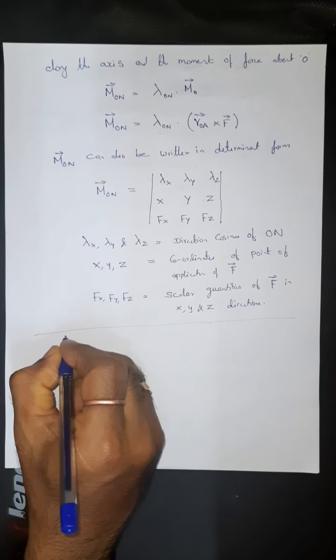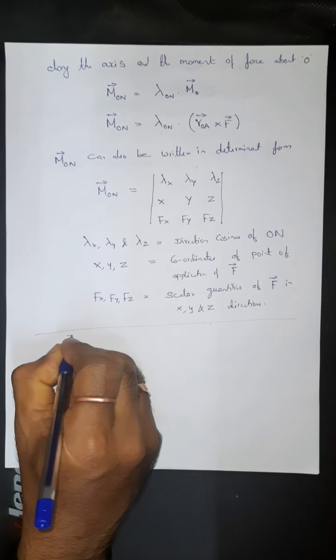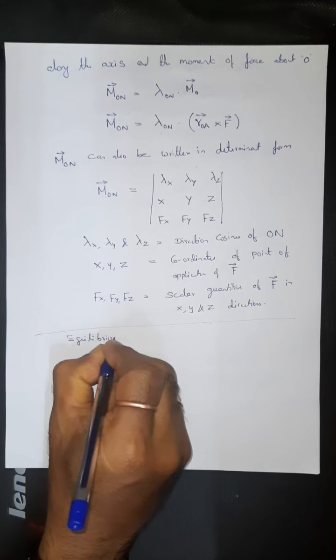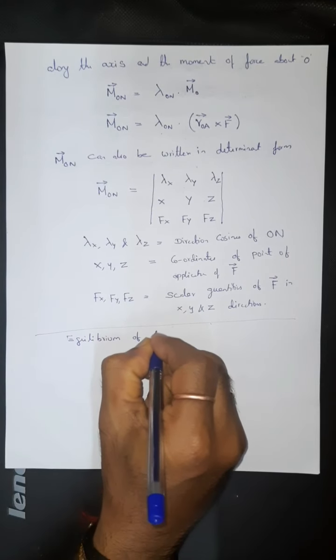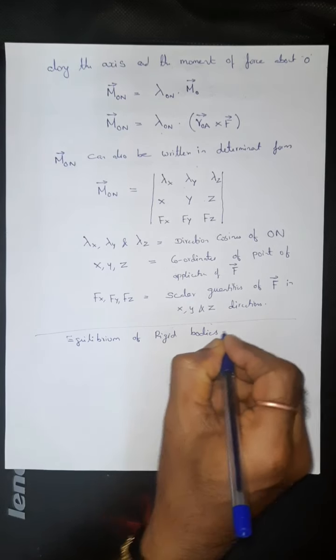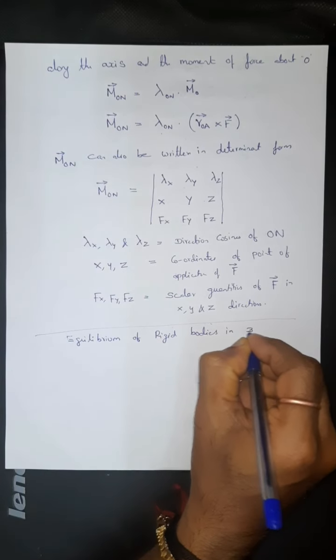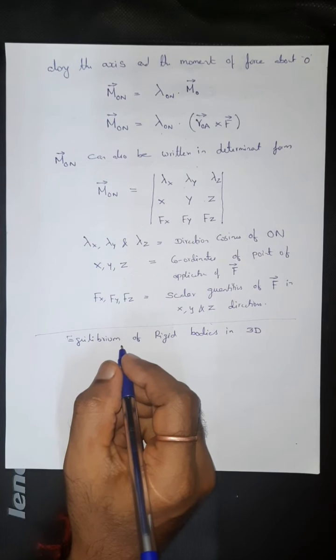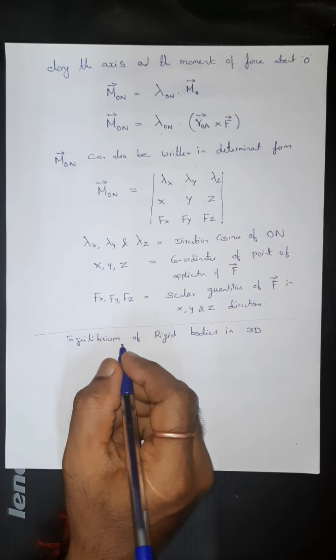Next, equilibrium of rigid bodies in 3 dimensions. A rigid body will be in equilibrium if both the resultant force and couple acting on it are 0. Right?